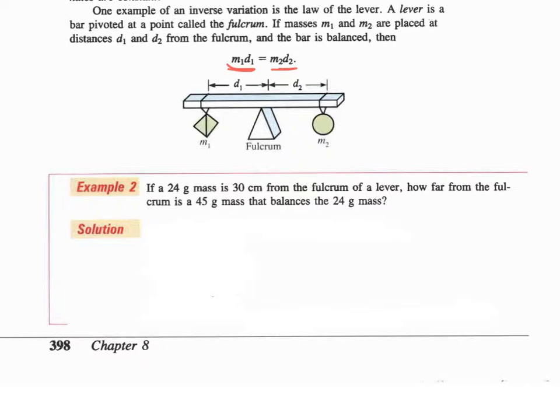We're going to take M1, mass 1, times distance 1, which should equal mass 2 times distance 2. And I'm going to plug in what I know. So it's telling me that if a 24-gram mass is 30 centimeters from the fulcrum, that's the center of our balance here, I'm going to multiply those two things together.